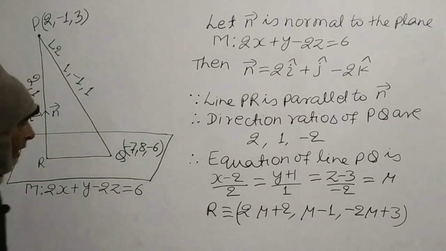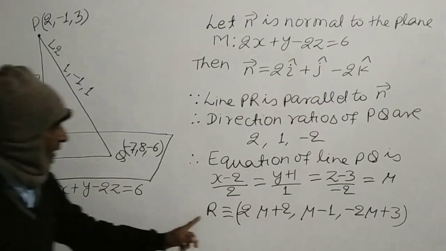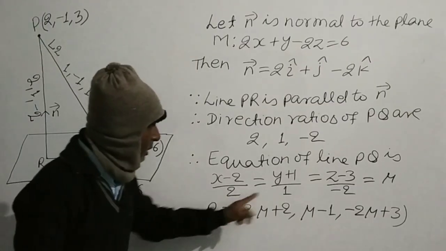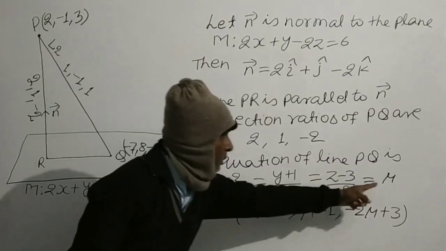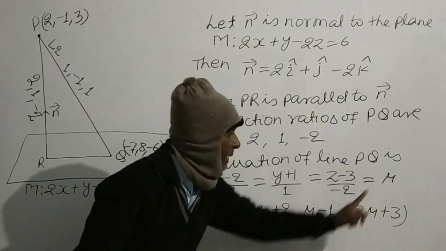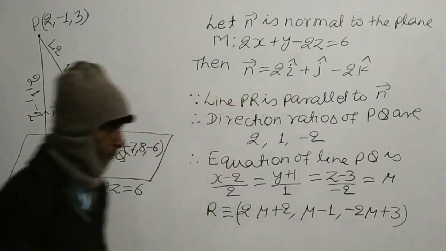Then coordinate of any point R lying on this line can be written as 2 mu plus 2, mu minus 1, minus 2 mu plus 3.